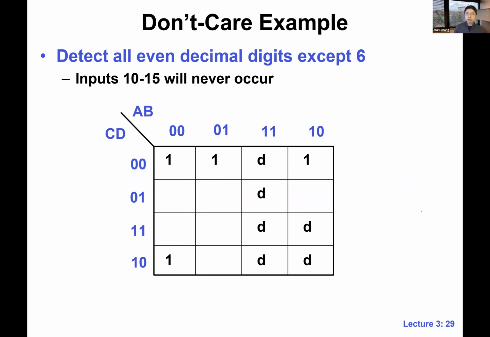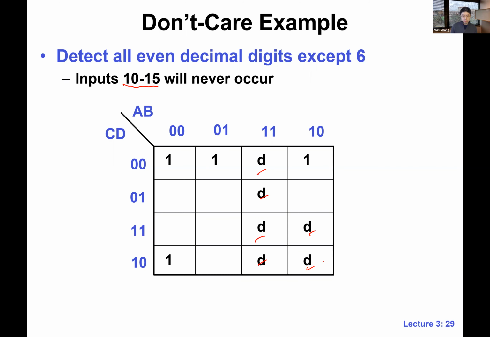This is my last slide, so let me try to be really concrete here. This is the same function that I just mentioned. These input combinations will never occur, according to the problem definition. That's why we have these don't cares. D means don't care.